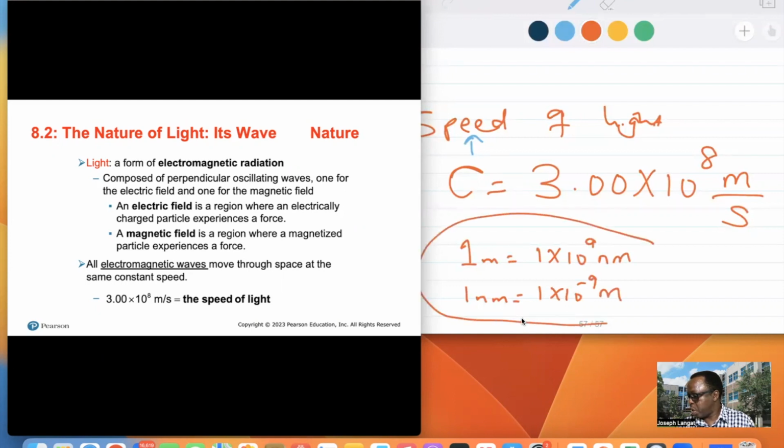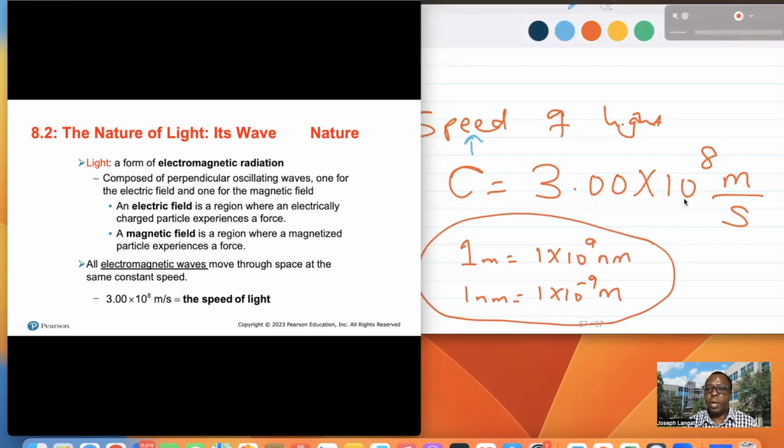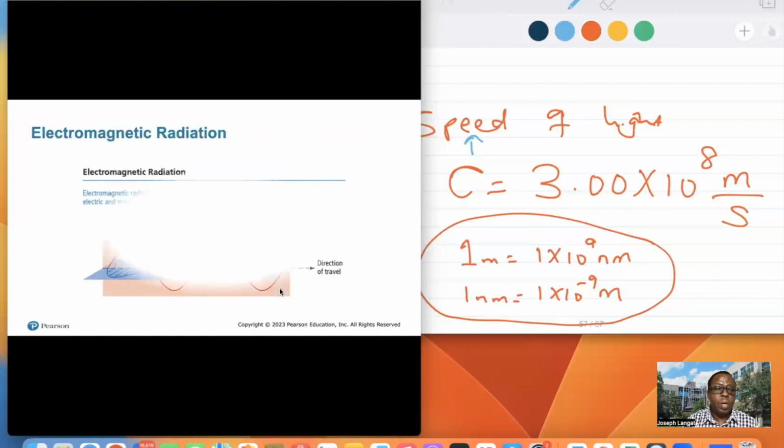Just to give you some of the conversion factors you may need to convert the speed from meters to nanometers and so forth. But remember, this is the speed of light in a vacuum, which we'll use later on.